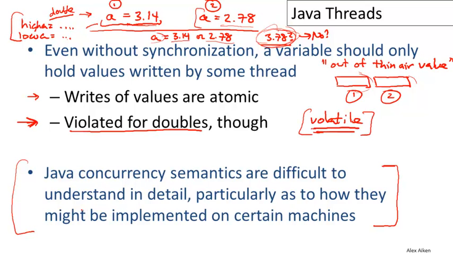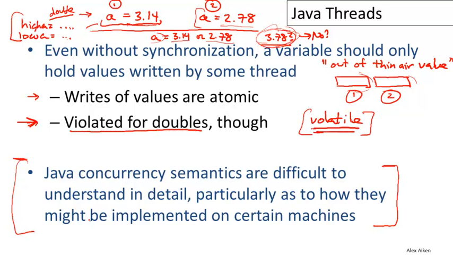And that's not to say that we don't understand anything. We do have some languages with perfectly good concurrency semantics, but in a language as full and rich of features as Java, there are a number of things that are not completely clear how they should be implemented on certain machines. And there's been a huge amount of work done on this problem specifically for Java.